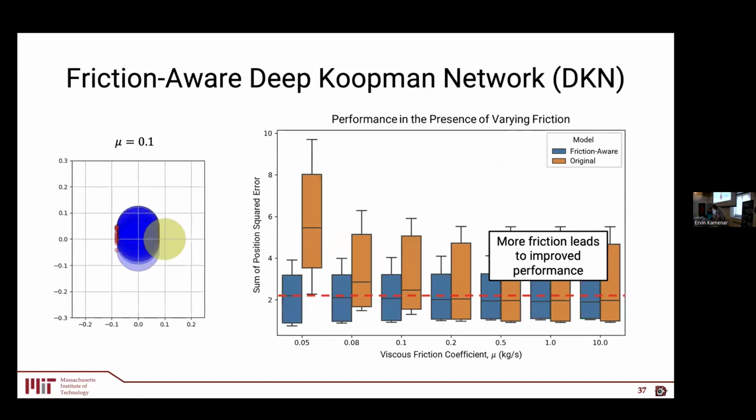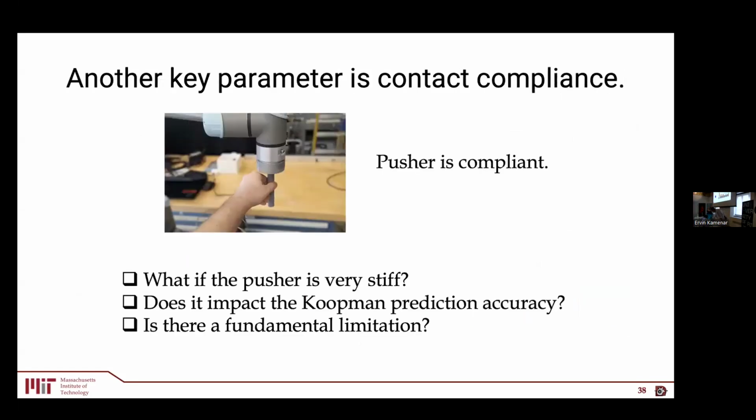That sort of adaptation can be done. Control performance against the friction discrepancy gets worse as the discrepancy grows, but with the adaptation, the blue lines, very uniform performance has been obtained.